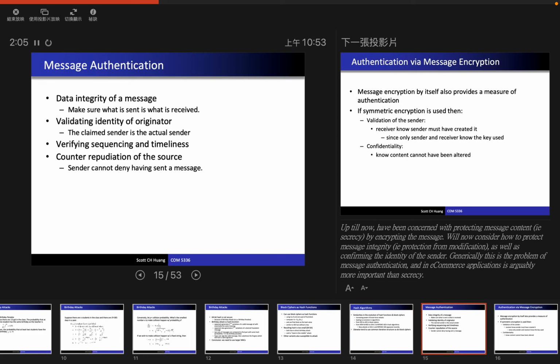Message authentication. Let's take a look at message authentication that I mentioned. The message authentication code gives us data integrity and validates the identity of the originator. This can be achieved by applying a hash and any algorithm with an input of a secret key, which can be a signature, because a signature needs a secret key, or a symmetric algorithm as well.